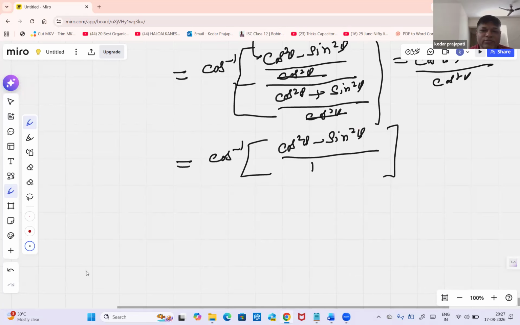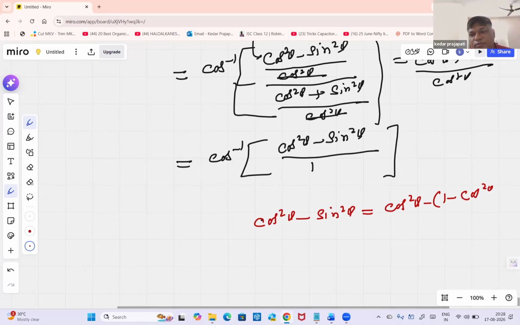Right? Now, I want to write this in terms of cos only. What I'm saying is, you can directly write it, but I'm giving you the steps. This cos square theta minus sin square theta, you can write it like this: cos square theta minus (1 minus cos square theta).